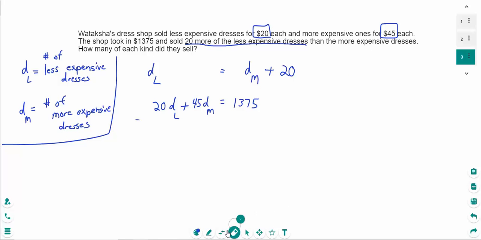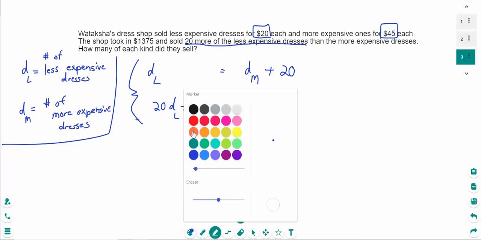All right, so once we've gotten to this point, now we have our system of equations and we can solve. I think we're going to use the substitution method here because we already have D sub L is equal to something. So that makes it pretty easy.